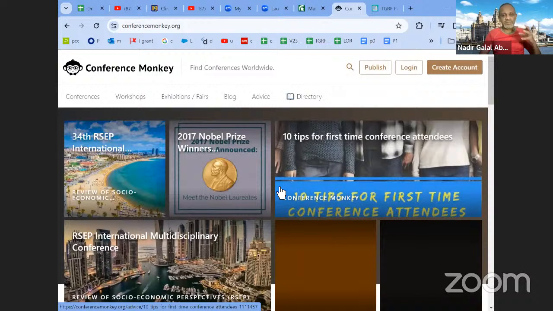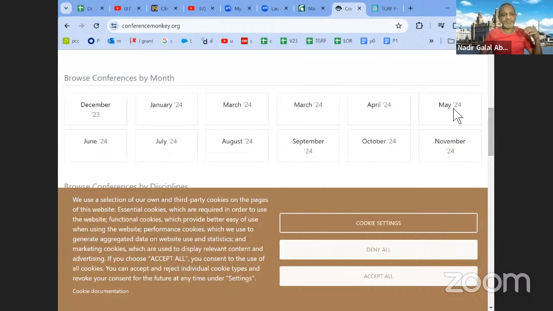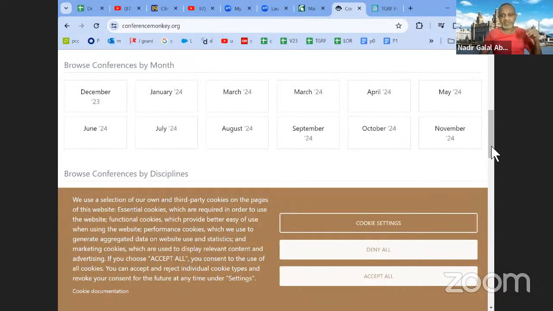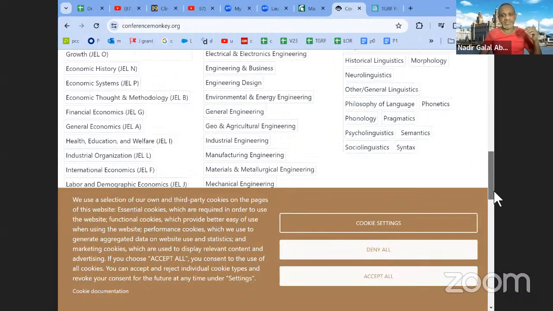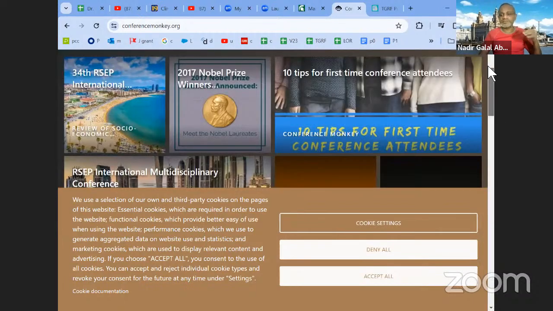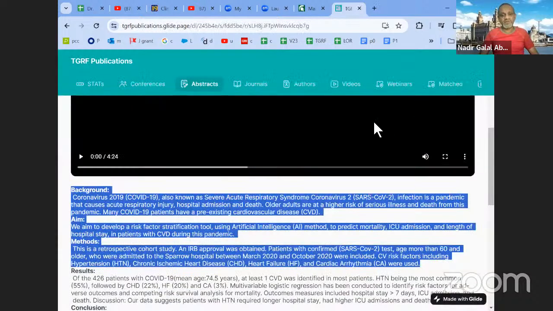I want something located near where I live, so I want something I can drive to. So you can select according to the month, date, or by the topic or by the location. So this is another way of identifying conferences.